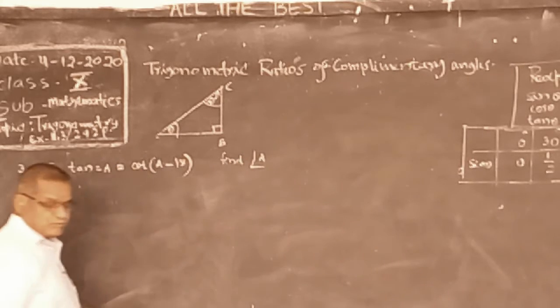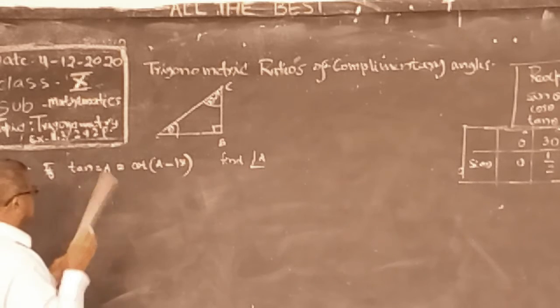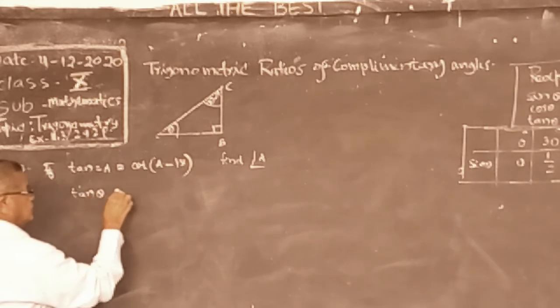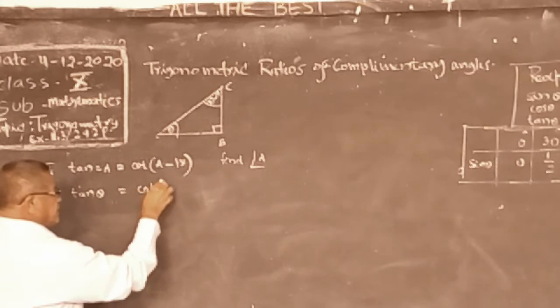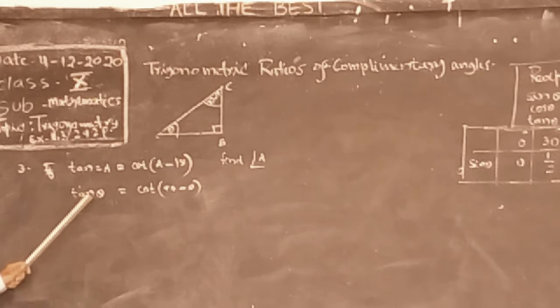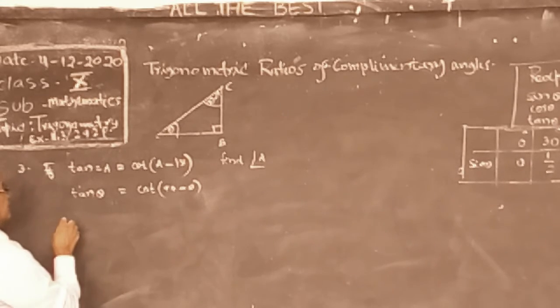We know whenever these two are complementary angles, tan theta is equal to cot 90 minus theta. Complementary angles, these two are. Sum of the two angles is 90.